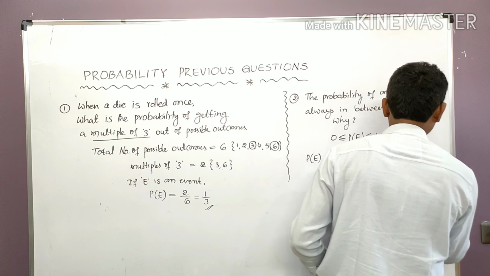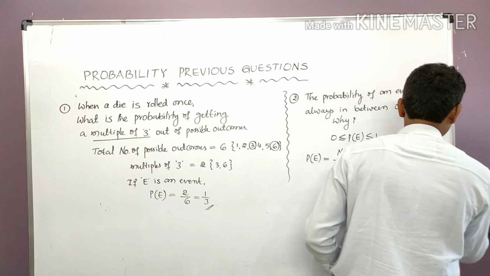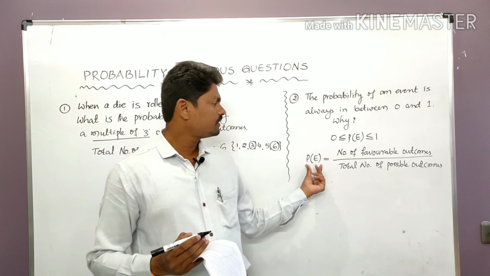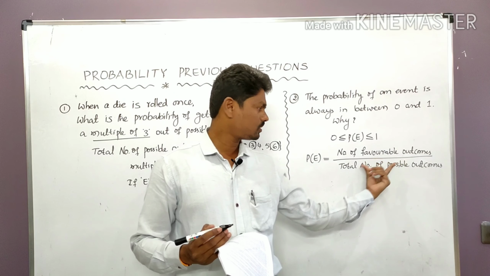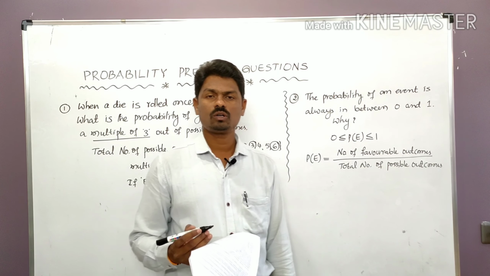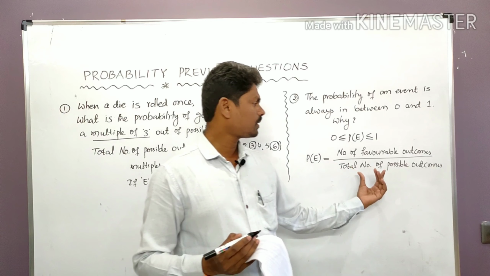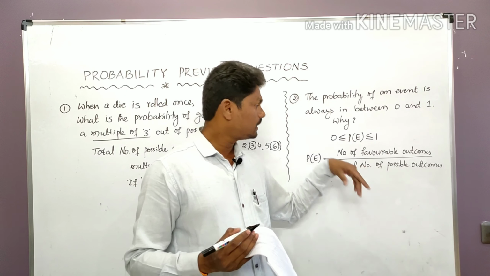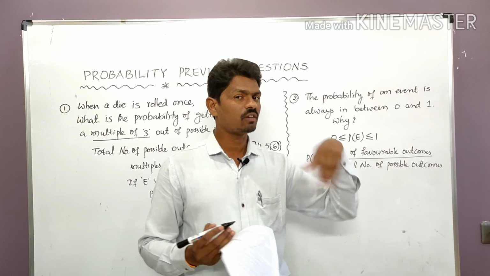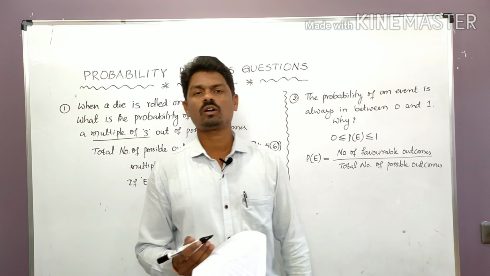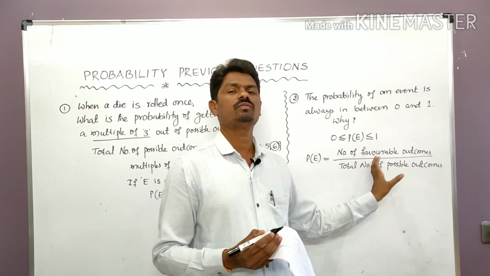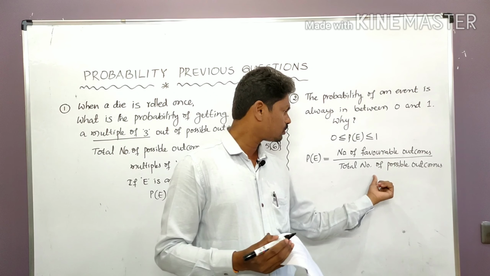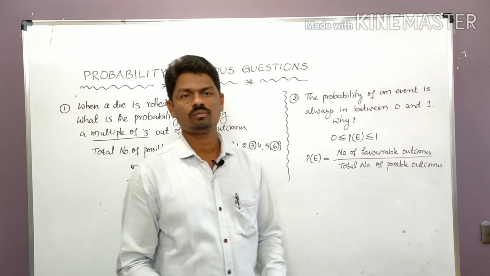So this is the formula for probability of an event. P of E is equal to number of favorable outcomes divided by total number of possible outcomes. To find the probability of any event, first you have to write the total number of possible outcomes. Then we have to select favorable outcomes from the possible outcomes. So always favorable outcomes are less than or equal to total number of possible outcomes.